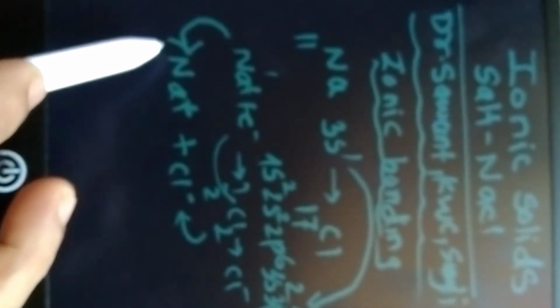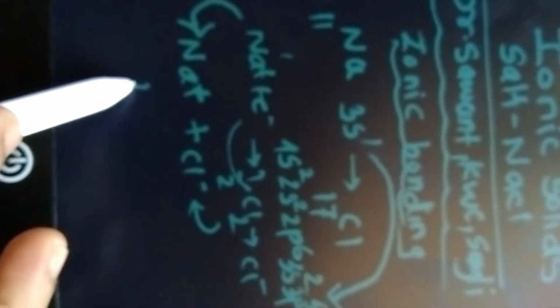Na+ and Cl- are formed and they combine. Their energy of formation is expressed on the basis of the Born-Haber cycle. That is another concept, but here a certain number of Na and Cl ions combine to form the NaCl crystal.